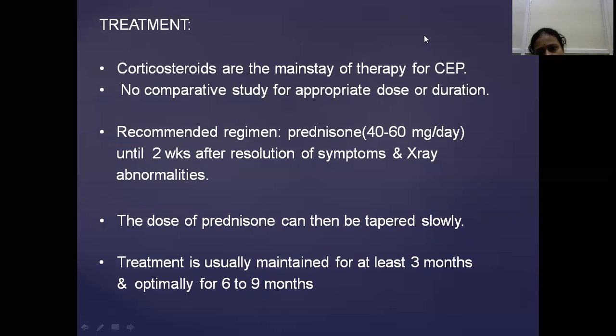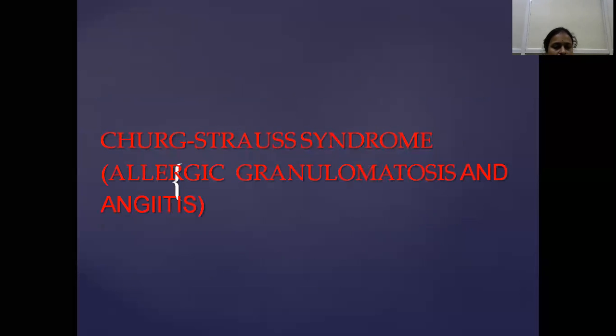In chronic eosinophilic pneumonia, 40 to 60 milligrams per day until 2 weeks after the resolution of symptoms and X-ray abnormalities. So we have to continue prednisolone until 2 weeks after the resolution of symptoms, then taper slowly, and the treatment should be maintained for at least 3 months and optimally for 6 to 9 months.